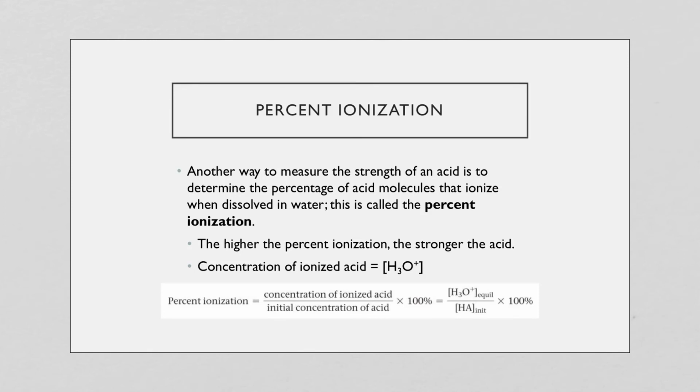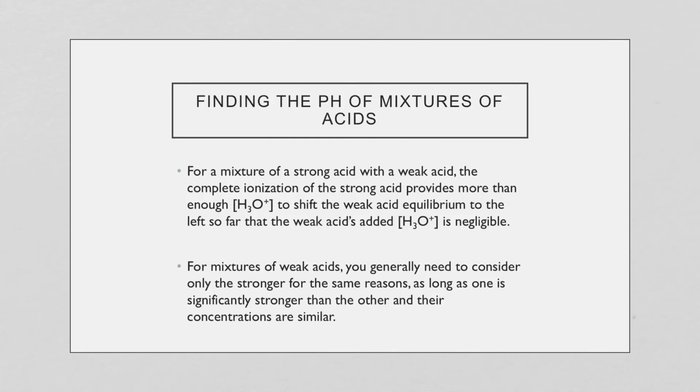Now, something else that we might be interested in doing is looking at a mixture of acids. If we have a mixture of acids, we can have a couple different types.